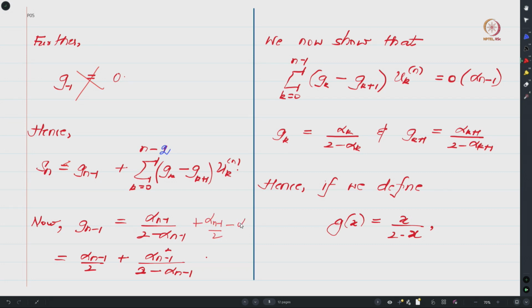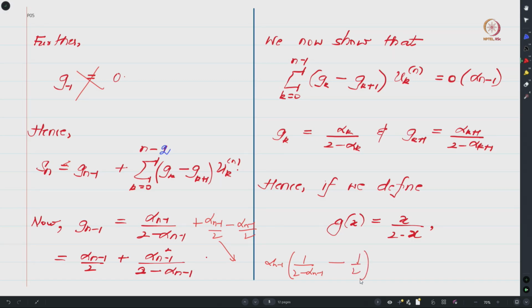If I add and subtract, this quantity will lead to the first term over here, and wherever I have alpha n minus 1 over 2 minus alpha n minus 1, I will subtract this expression from it. If I take alpha n minus 1 out in common, what I will end up with over here is alpha n minus 1 times 1 over 2 minus alpha n minus 1 minus half.